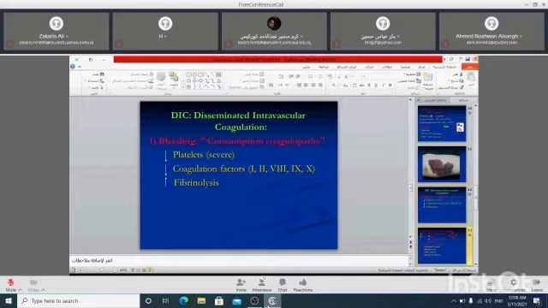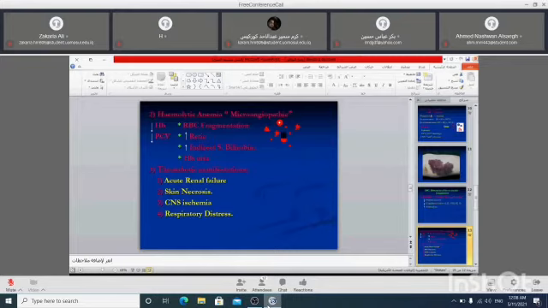In DIC there is also hemolytic anemia. We call it microangiopathic hemolytic anemia. Why does microangiopathic hemolytic anemia develop? As we know, in DIC there are very small thrombi, even in the small blood vessels.